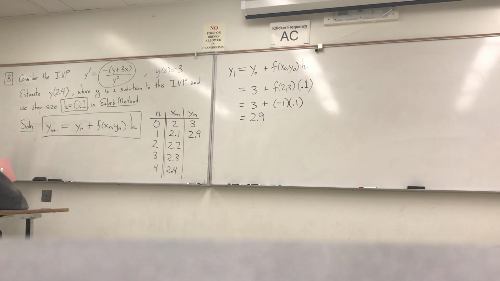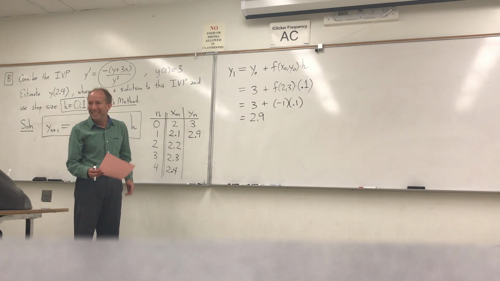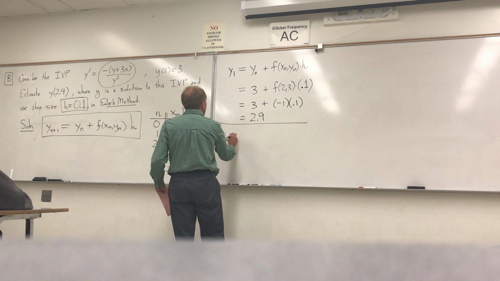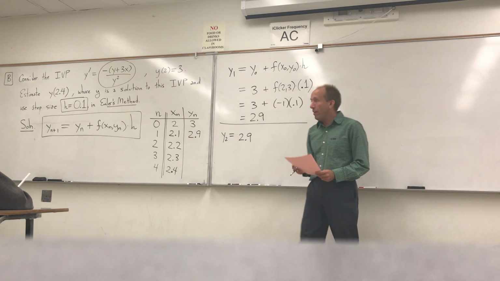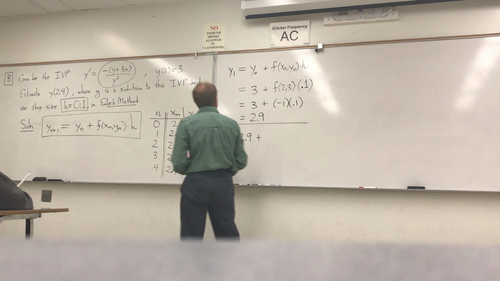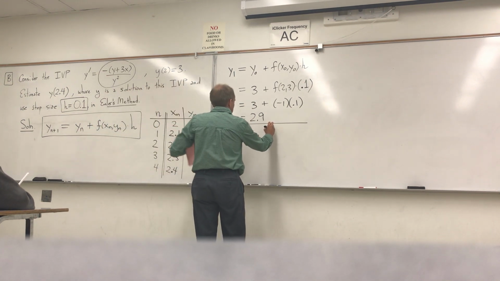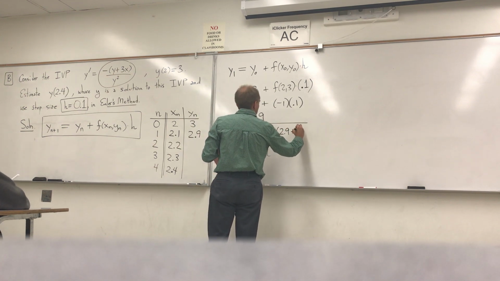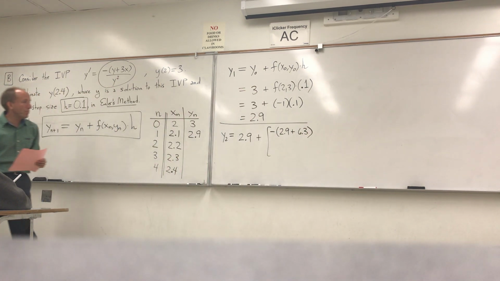Okay? So far, you don't really need a calculator to get to this point, but it's going to get messier. It always does. So for the next y value, which is y sub 2, we have to take y sub 1, which is 2.9. It's just the previous y value. And then we have to evaluate f of 2.1 comma 2.9. So there's the formula up there. It's going to be negative 2.9 plus 3 times 2.1. I'm just going to go ahead and do that in my head. 3 times 2.1 is just 6.3.